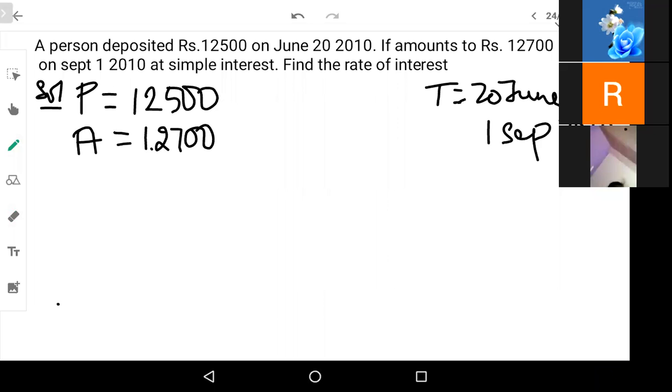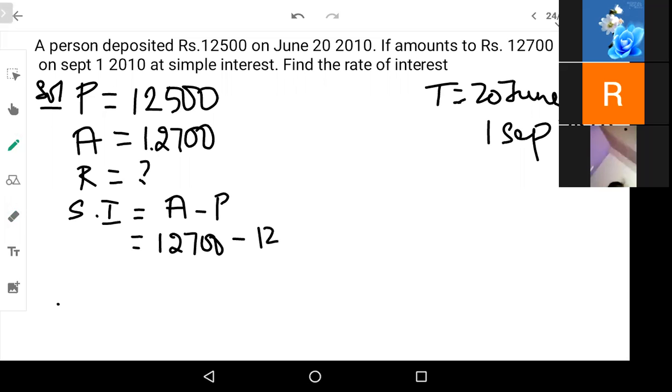We don't know what the rate of interest is, but we can find the simple interest by amount minus principal. So what is the amount? 12,700 minus 12,500. So interest is 200 rupees. That is the simple interest.